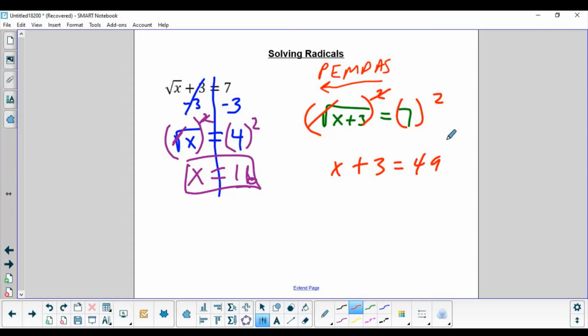We have to bust that radical in order to get to that 3. So the way we bust through the radical is by squaring both sides. So if I were to continue solving, we would subtract 3 from both sides, and we'd get x is 47, or sorry, 46. So notice, it's two completely different answers. I wanted to point out that difference to you.